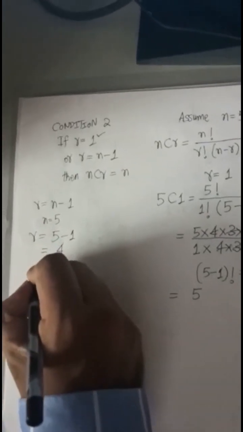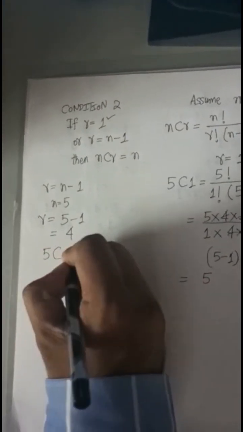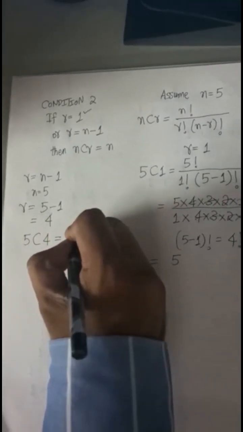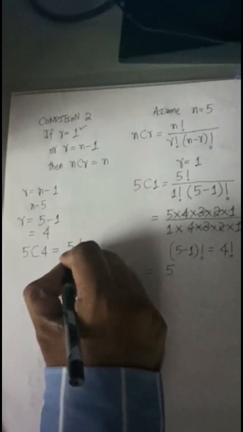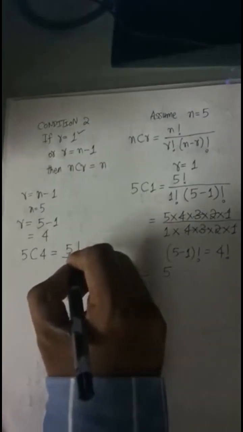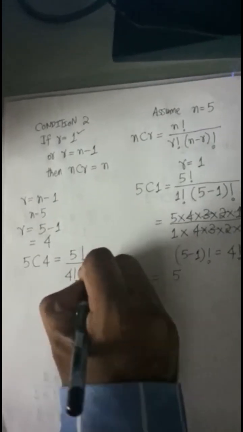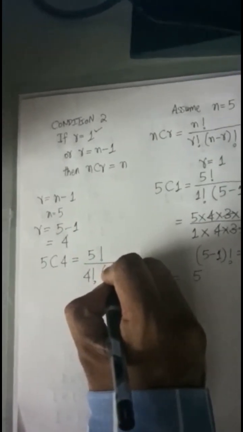So 5C4 will be equal to 5 factorial divided by r value, 4 factorial, then n minus r.